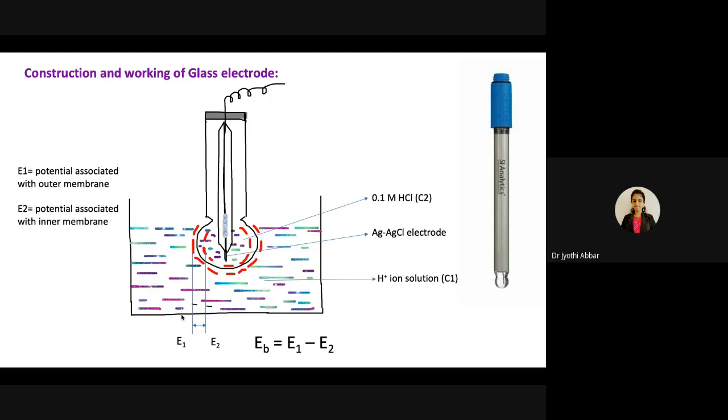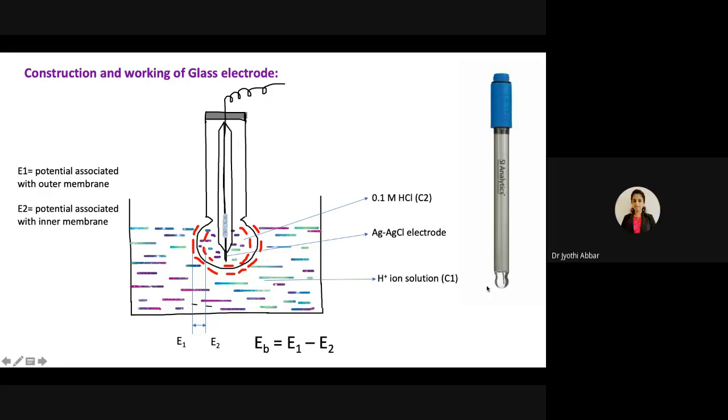Okay. So why does it become sensitive to, or respond to, only one particular type of ion? How does it happen? Due to the presence of what? The glass membrane in the electrode. Yes.